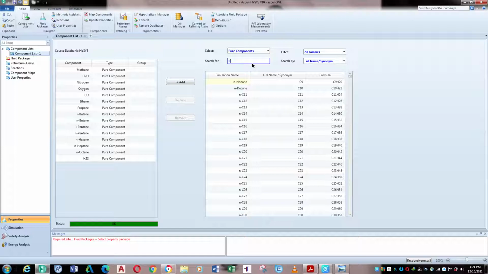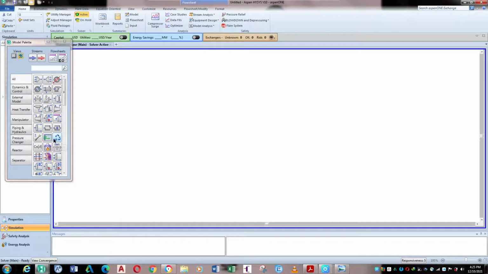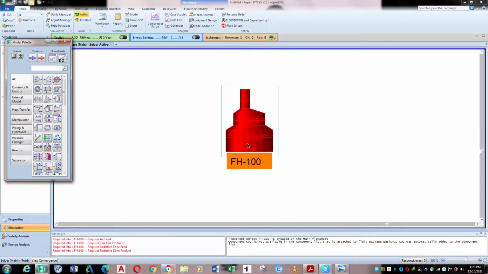Okay, then you see there on your left hand side there's the model palette, and then looking straight for fire heater. Now there it is, fire heater. Okay, so you can immediately identify your fire heater by labeling it whatever you want.